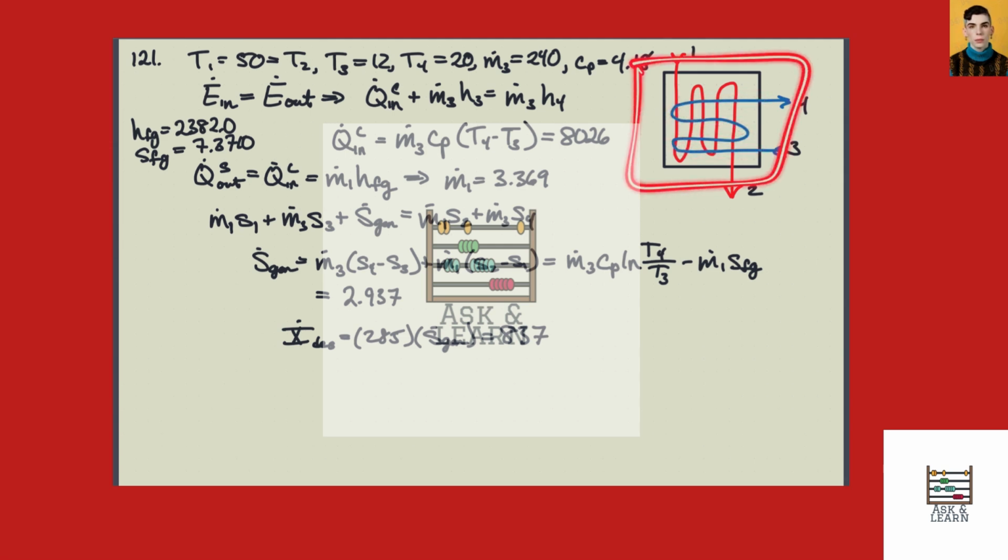Internally, as a whole, there's no heat transfer, but internally there is. So we have the heat flow into the cold water, plus the enthalpy flowing in from the lake, minus the enthalpy of the water flowing out, equals zero. So that's our energy balance for the cold water.